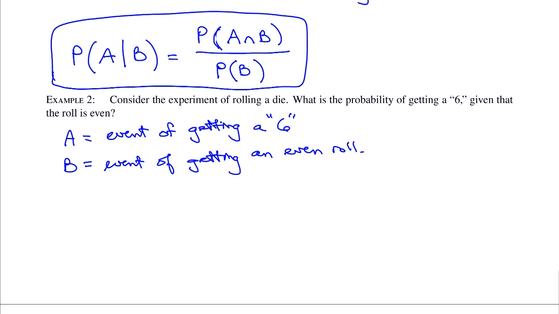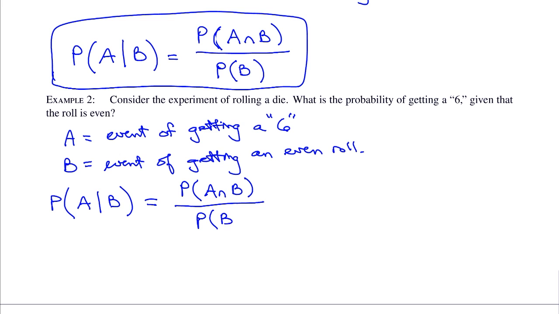So the probability of getting a 6 given that we have an even roll, that is the probability of A given B, which would be the probability of A intersect B divided by the probability of B.